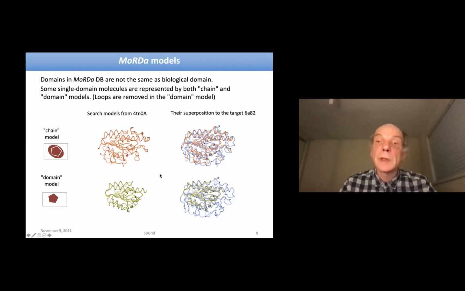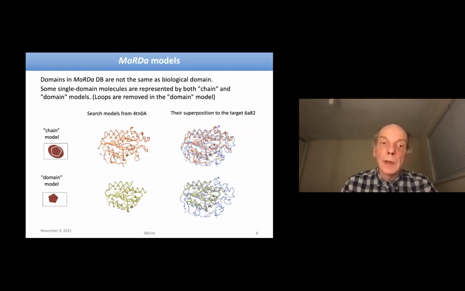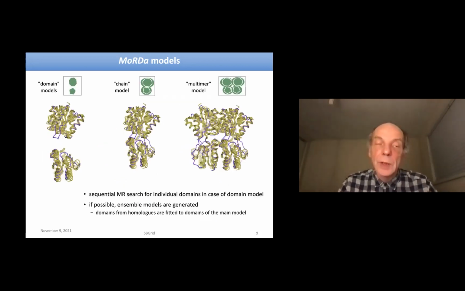It's more precise. This is more or less the same thing, but in addition, here we had a single domain model structure. Here we have a 2 domain structure. Now the domain model essentially contains 2 models, which will be used in the molecular replacement search one after another.